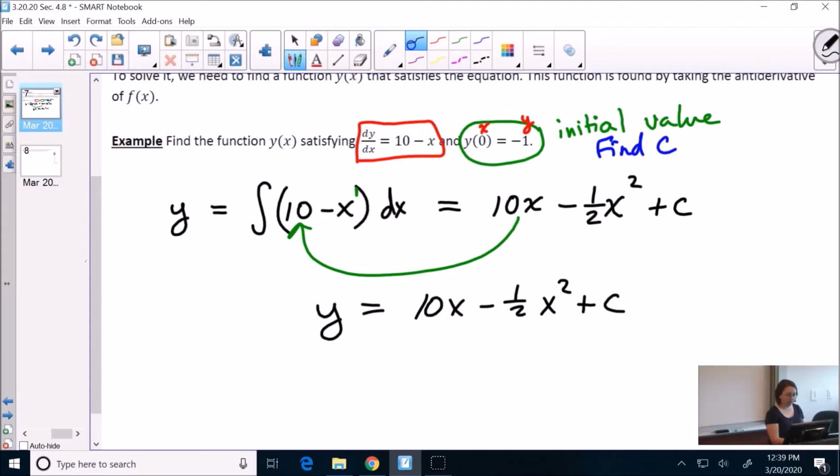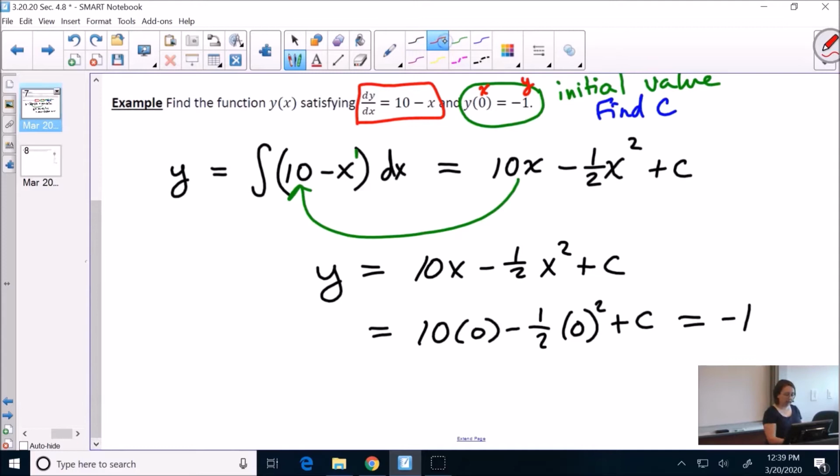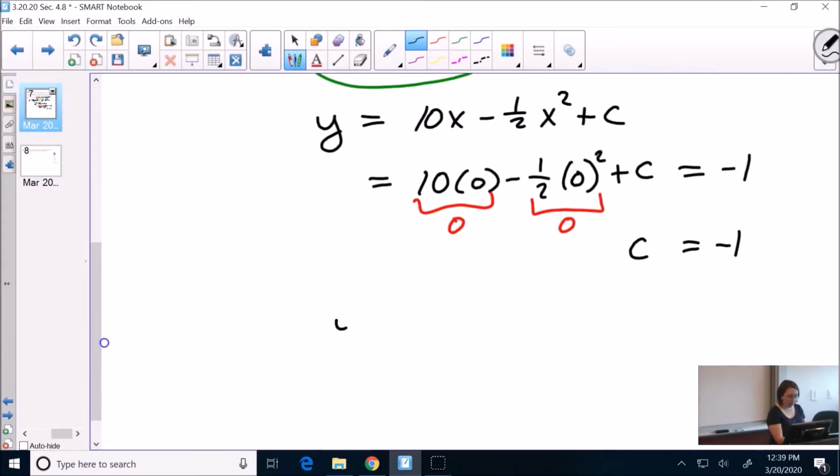If they're telling us to plug in 0 for all of our x's, and they're saying that this has to equal negative 1. Well, with that information, we can find c. Because 10 times 0 is 0, and 1/2 times 0 is 0. So c must equal negative 1. With that, we can rewrite y as a particular solution to this differential equation. There you go.